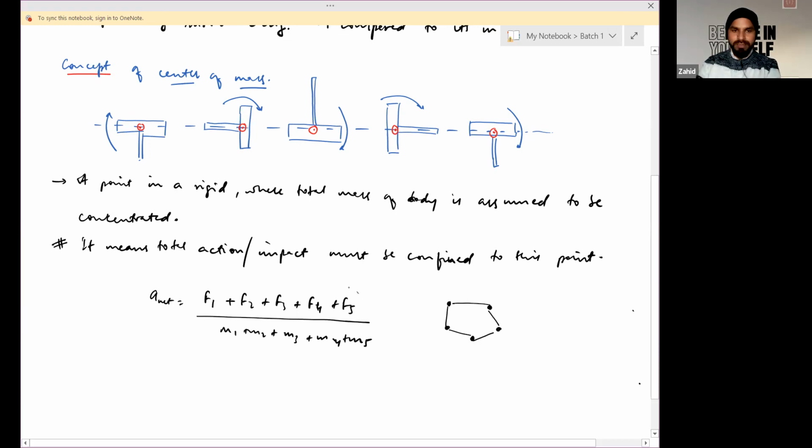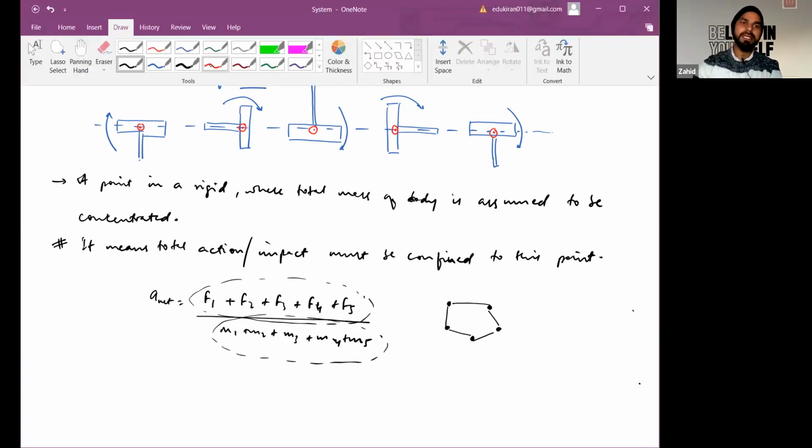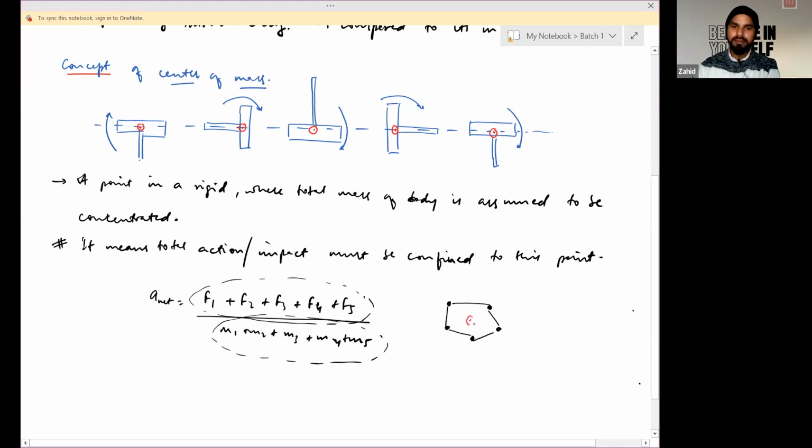Instead of doing this whole calculation, you will say there will be a point in this rigid body, let's say at this point.